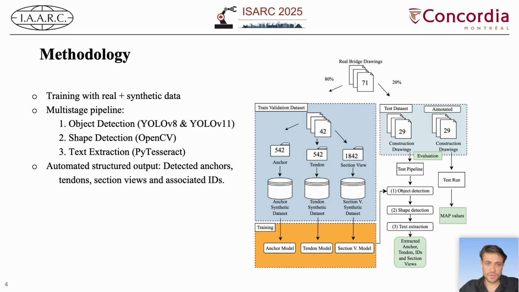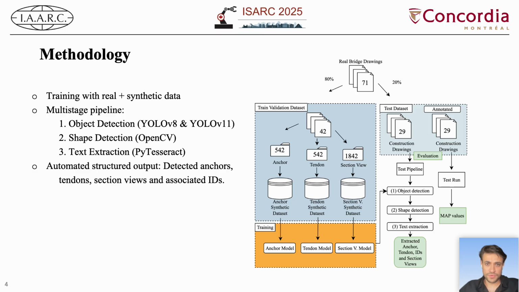This dataset was produced by overlaying cropped symbols onto varied background drawings, also white pixels, with random rotations and placements. By doing this, we generated 1,800 images for section views and 500 images for tendon and anchor elements. Together with 42 real train-validation drawings, we trained our models and then tested on our test dataset.